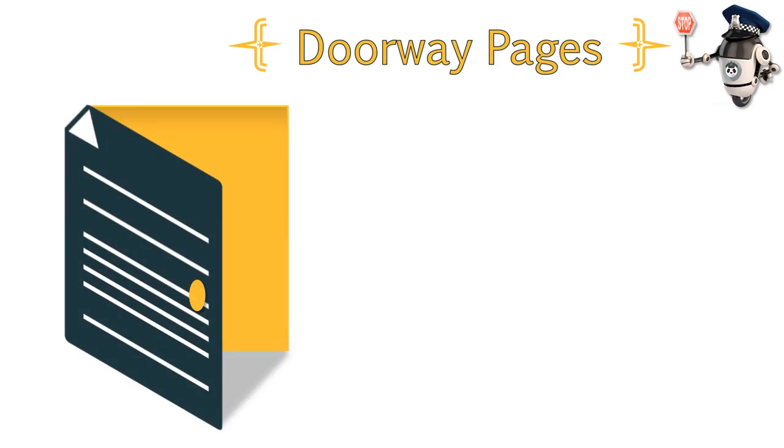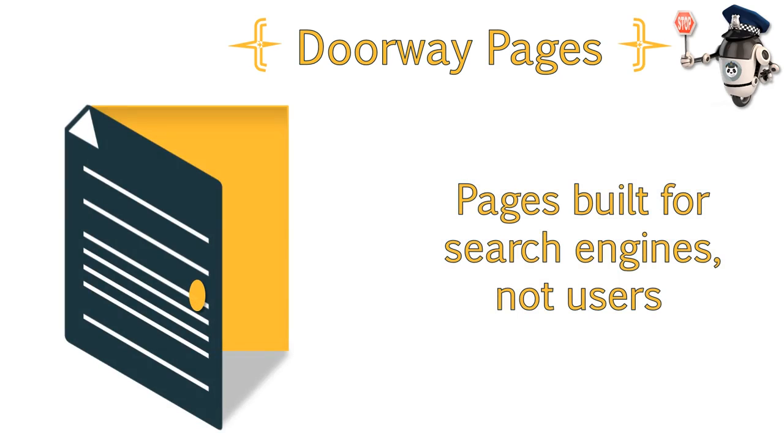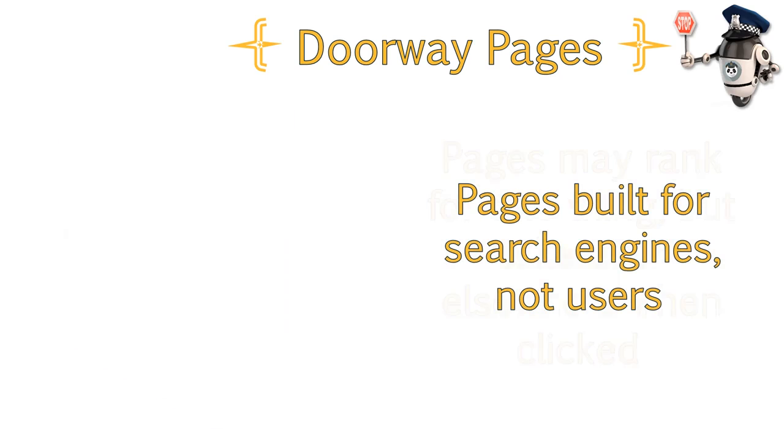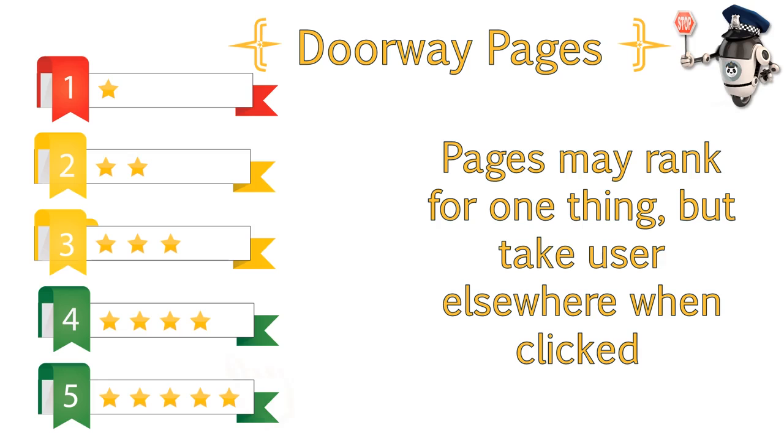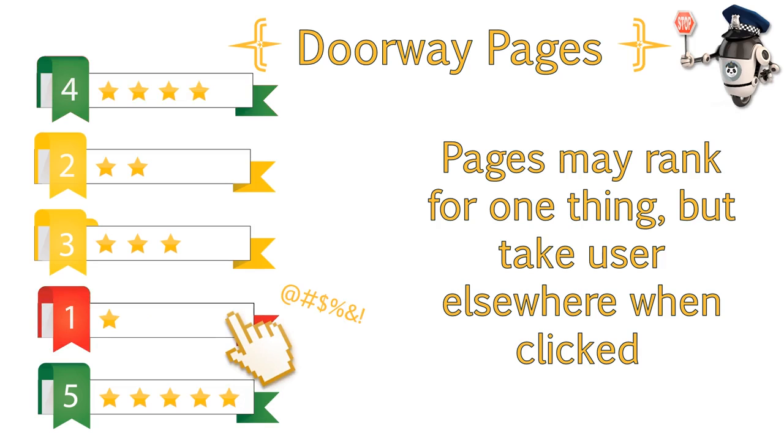Another issue Panda looks at are doorway pages. Doorway pages are pages which were built for search engines rather than users. These pages often rank for one thing, and then when clicked on, will redirect the user to a page or site about another topic. This is usually done for commercial or malicious intent.